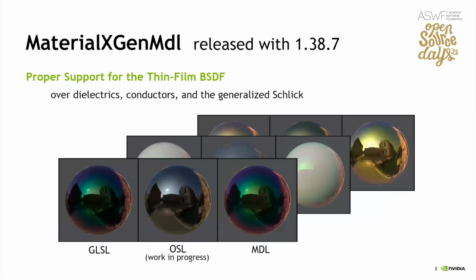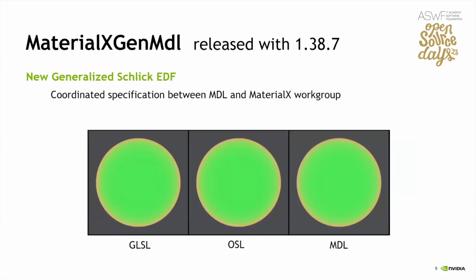Then we added proper support for thin film over dielectrics and metals, as well as thin film on top of layers that contain refracting nodes somewhere deeper in the hierarchy below. Then there is the new generalized Schlick emission node. For this one, we have been involved in the design and worked with Niklas Harrison on the specification that works well with MDL.